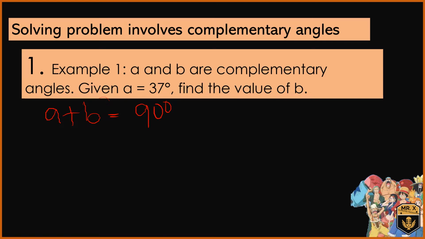Now, we have the value of A, which is 37 degrees. We substitute it for A: 37 degrees plus B equals 90 degrees.